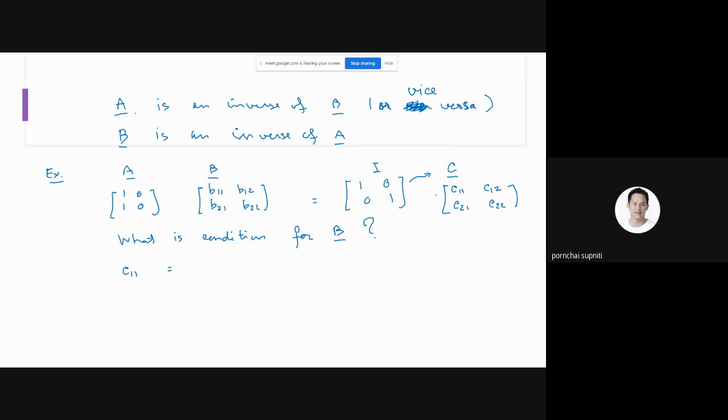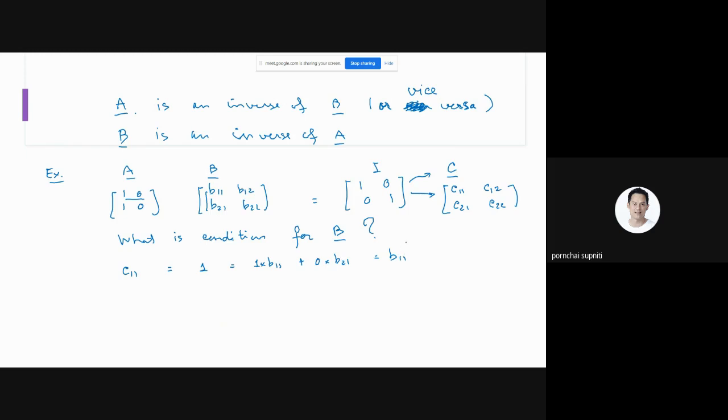And here, you see that C11 is 1. In order to get 1, we multiply row 1 of A and column 1 of B: 1 multiplied by B11 plus 0 multiplied by B21, which is B11.